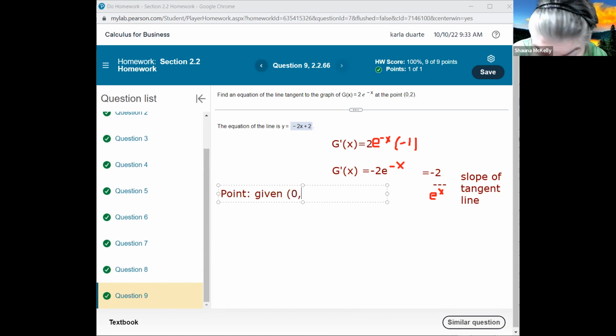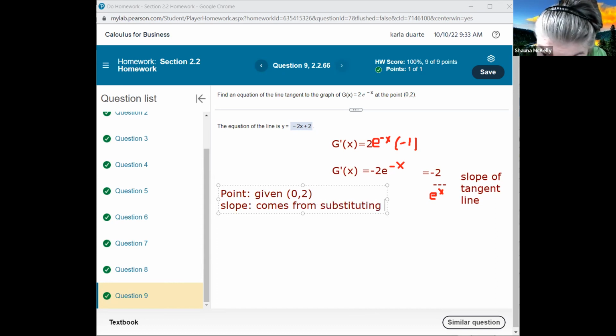So I'm okay there. I need the slope, which comes from substituting into the derivative, which I'm going to do right now.